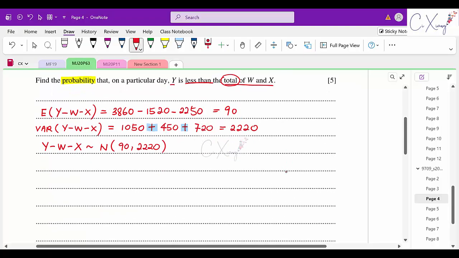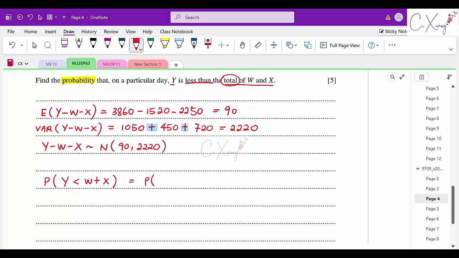And now, according to the question, they want us to find the probability for y less than w plus x, the total of w and also x. But like what I told you just now, we can't find the probability like this. We have to move all the variables to one side. So it will become y minus w minus x smaller than 0. And this is a normal distribution.